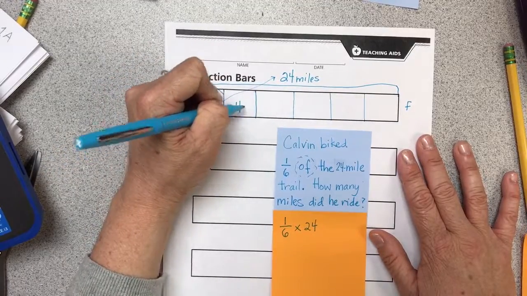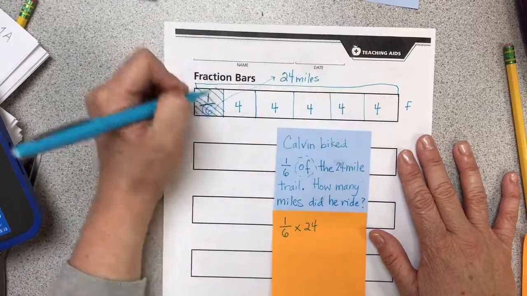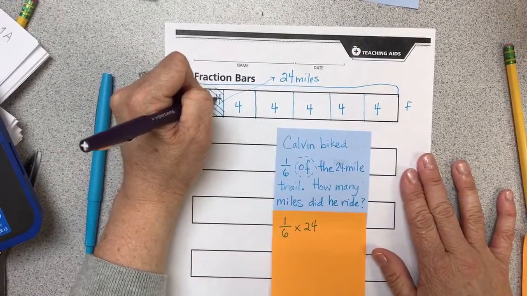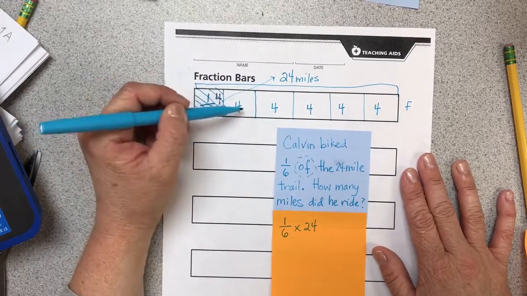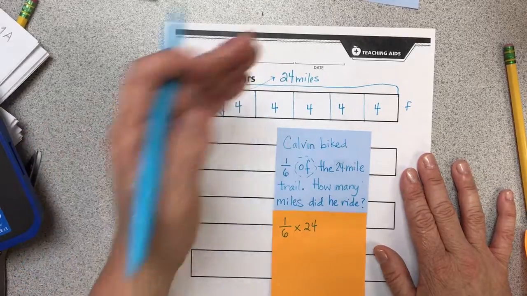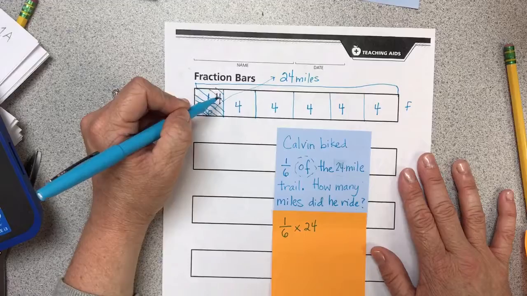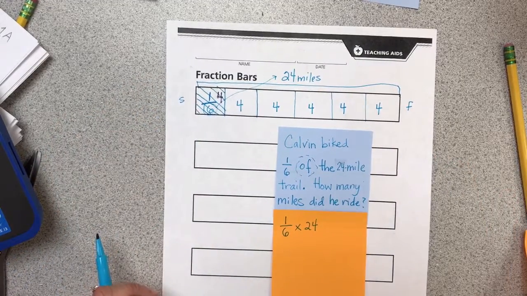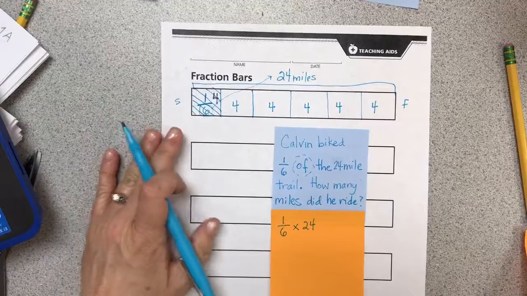That means each sixth is worth 4 miles. Just to double check, what is 4 times 6? 24. So we know that's right. So 1/6 of 24 is 4 miles. Hopefully that jogs your memory about what we were already working on.